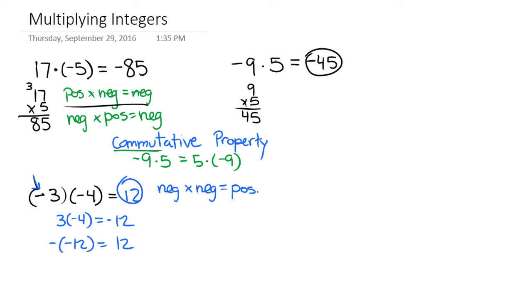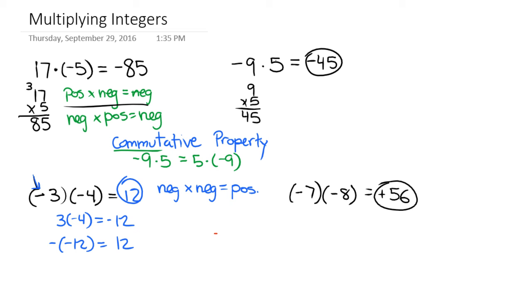So let's take a look at one more example that looks like that. Let's say we have negative 7 and we multiply it by negative 8. Okay. So 7 times 8 is 56, and since we have a negative times a negative, it's going to equal a positive. And so really one way that people can remember this, because sometimes we have problems where we have multiple numbers multiplied by each other, and so then we're like, okay, is it going to be positive or is it going to be negative?